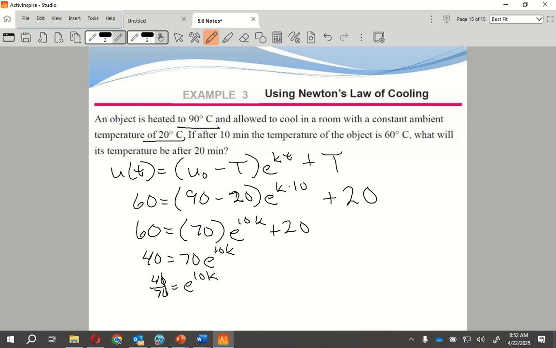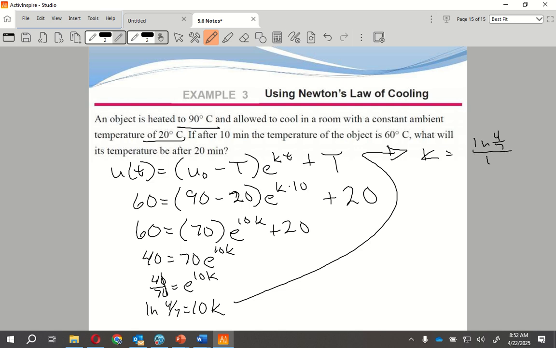Alright, and then what would I do to both sides to try and get rid of my e? ln. So I'm going to have ln of 4 over 7 is equal to 10K. So I could say my K is equal to ln of 4 over 7 divided by 10.